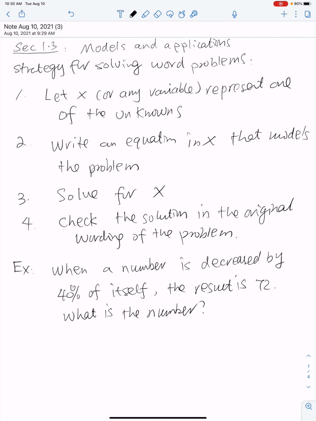Okay, so today we will continue with section 1.3, models and applications. So what are models? For a lot of real-world problems, we want to turn them into a math problem.